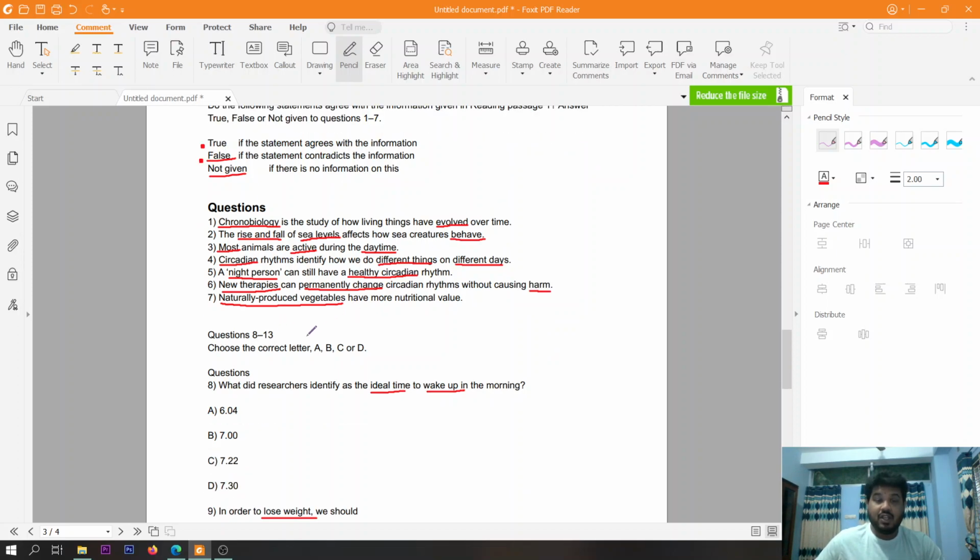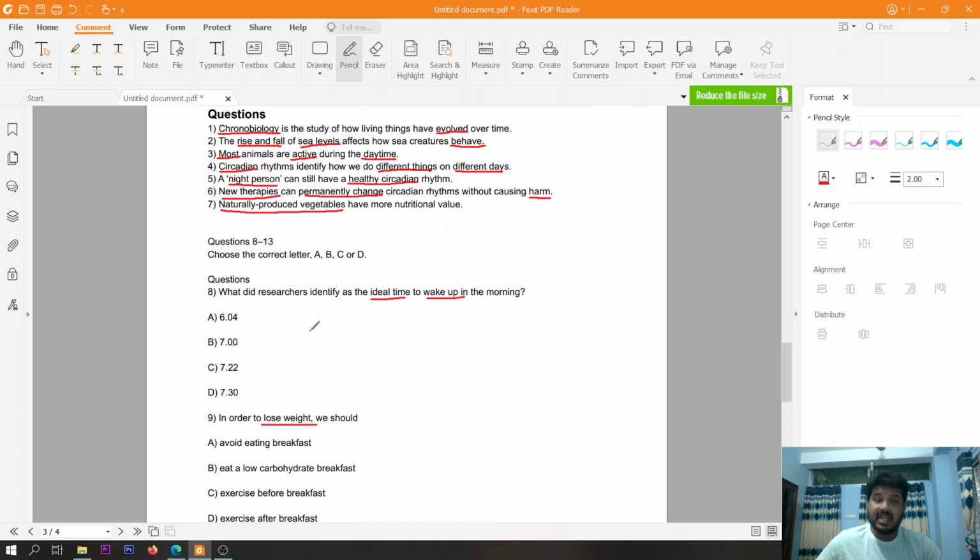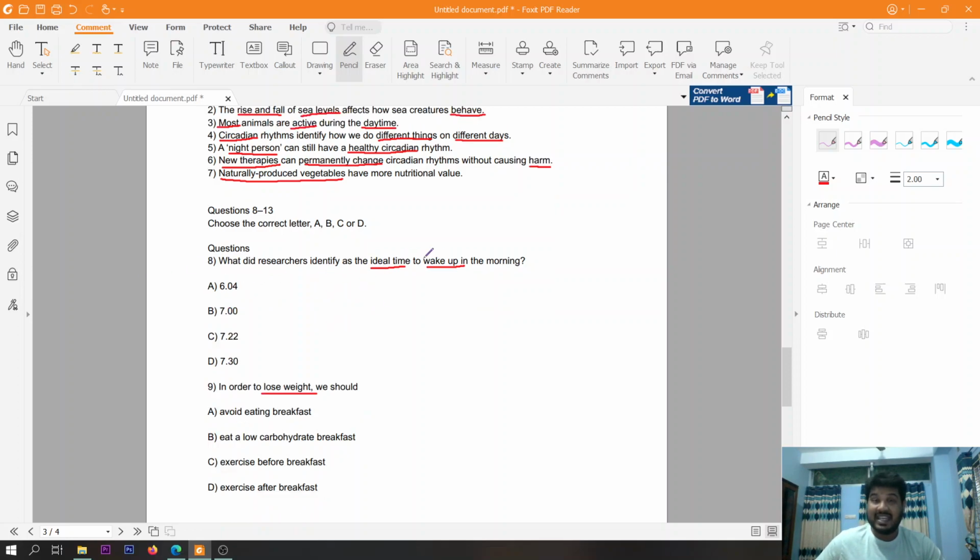Now, for the MCQs, it's fairly simple, but again, the technique is kind of the same: you identify the keyword, what exactly the question is looking for, and then you locate exactly where the answer is, and then you read that section and try to find out the answer.